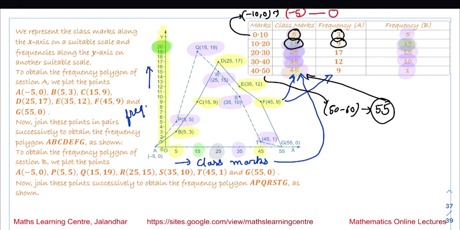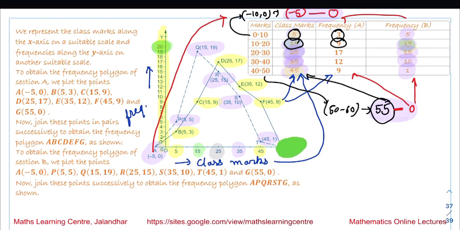The frequency for both these cases is 0. So the points we have to mark are minus 5, 0 and 55, 0.